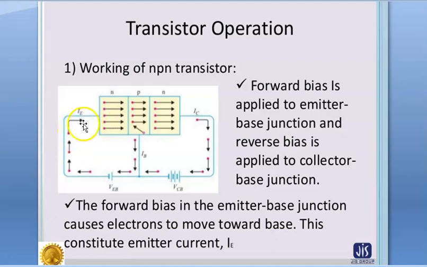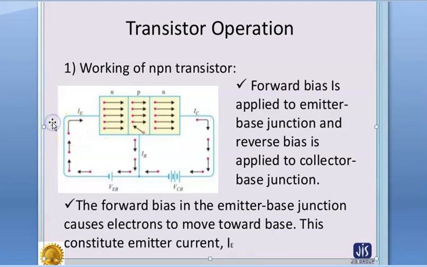The electrons in the N region are majority in number, therefore the negative pole of the battery repels these electrons, which move towards the base junction, due to which we get a current that is known as emitter current.